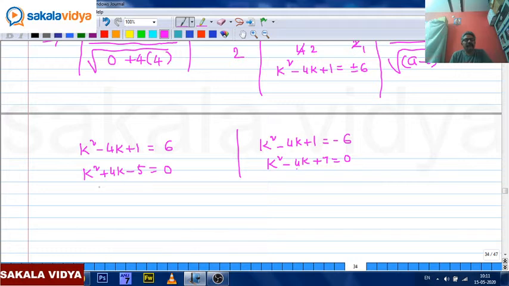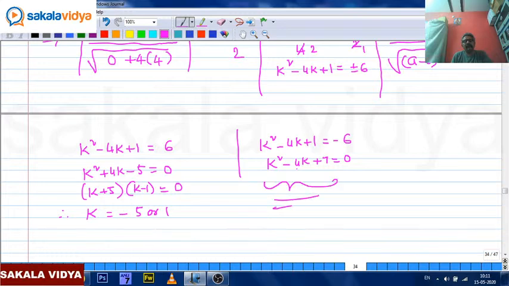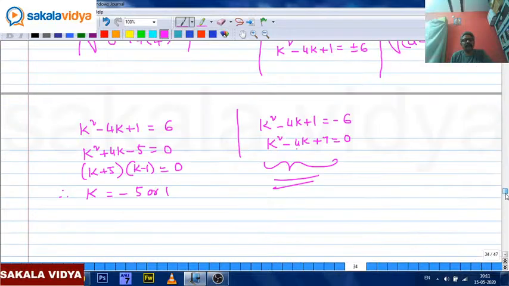So better you solve this for this equation. This equation will be (k plus 5) into (k minus 1) equal to 0. Am I correct? So therefore k equals to minus 5 or 1. Even you can solve this one also. First you check it. What are the options we have?